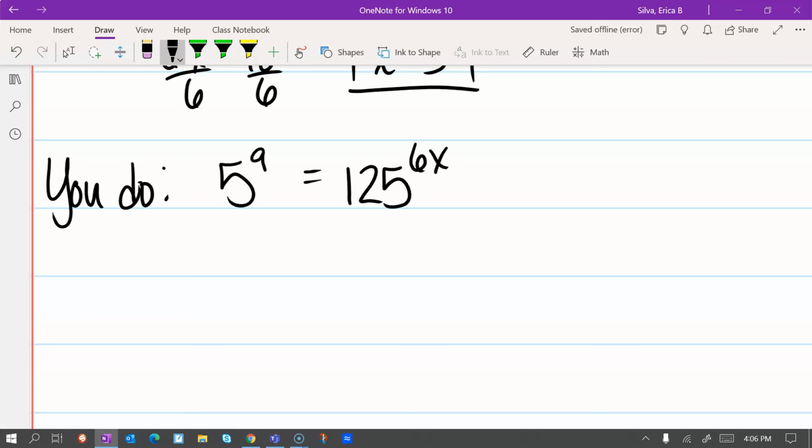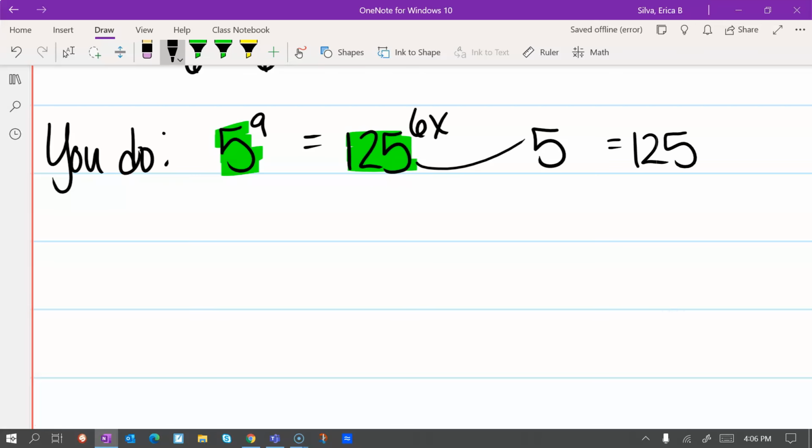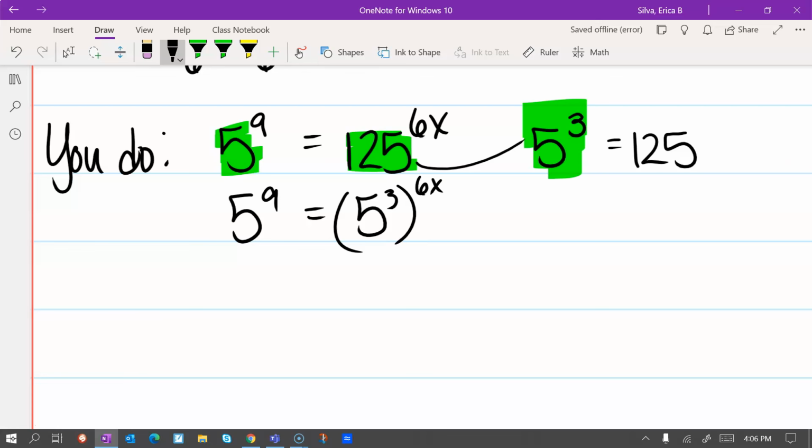Okay, now go ahead and use this one. Our bases are not the same. We want to keep that 5 as our base. So 5 to the what power gives us 125? It is to the third power. So 5 to the ninth power is equal to 5 to the third power to the 6th x power.